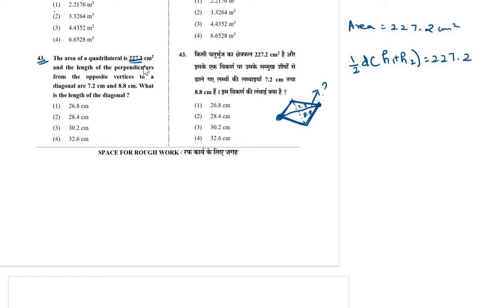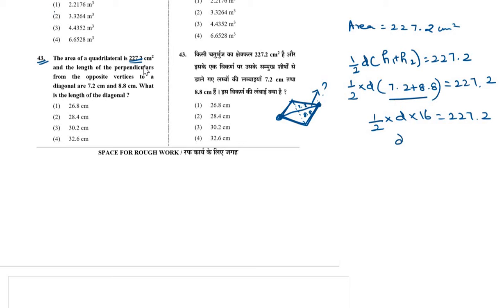So substitute the values: half, d we don't know, h1 we know, (7.2 plus 8.8) equal to 227.2. So add this to 16. Half into d into 16 equal to 227.2. So d equal to, cancel this one, 8.